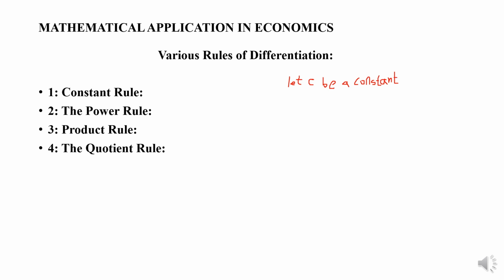If f is a function of x and it is equal to c, then the derivative or the differentiation of this function is 0.